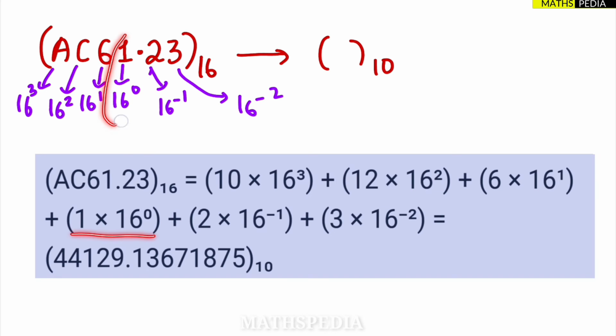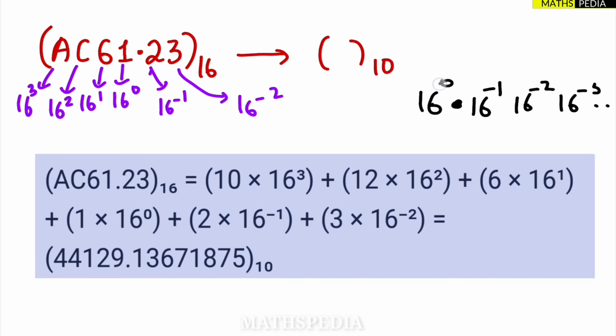Then 1 also is a number, so 16 power 0 into 1, plus the decimal point. After the decimal point we are having 2, so we have to take 16 power minus 1 into 2. Then 3 is there, that you have to multiply with 16 power minus 2. So the basic idea here is, whenever a decimal point is there, after the decimal point it is 16 power minus 1, 16 power minus 2, 16 power minus 3, and so on.